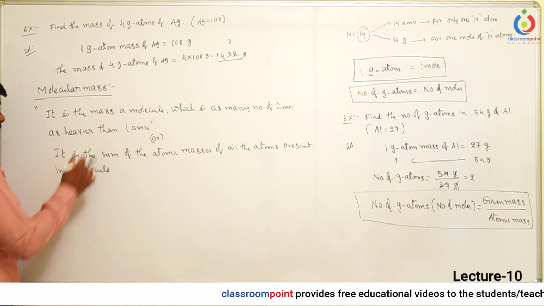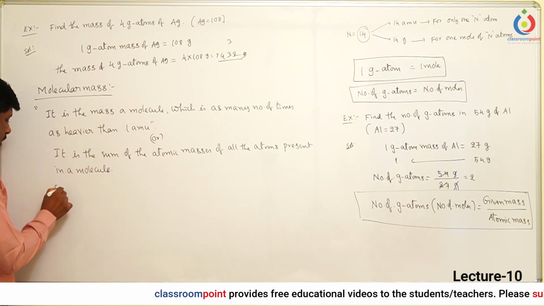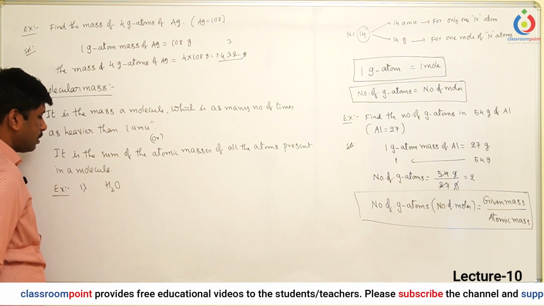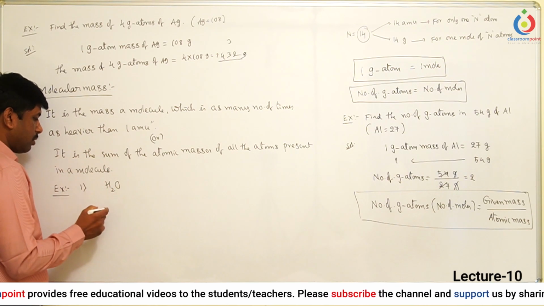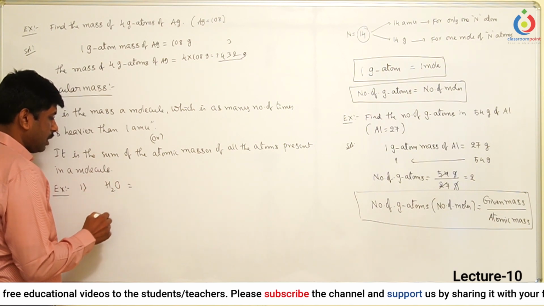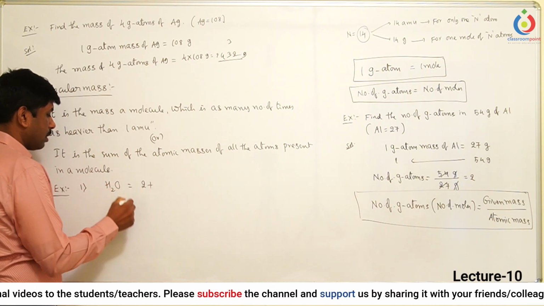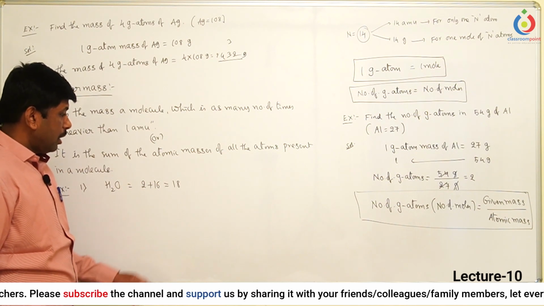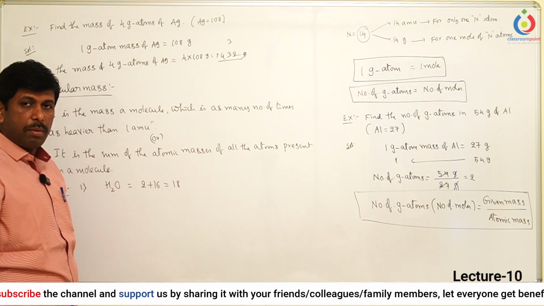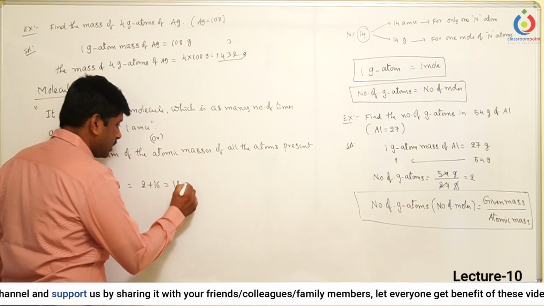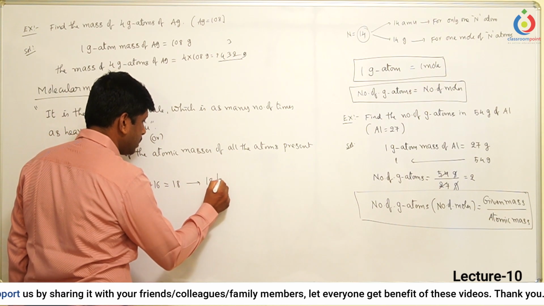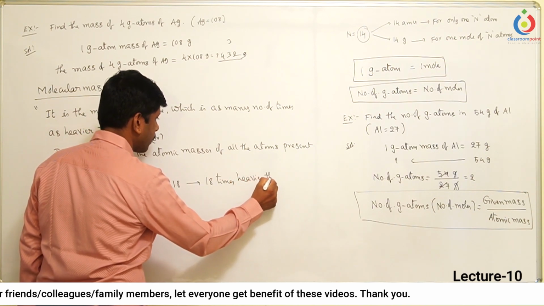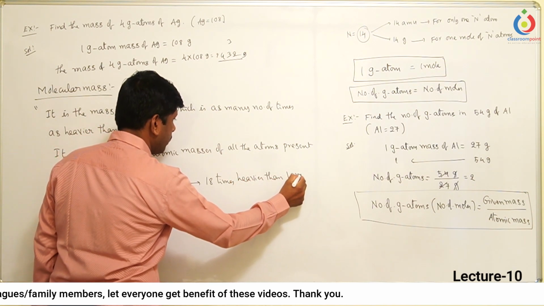So first of all, let us take the first definition with an example. We know the water molecular mass; from this one we can also calculate it. 2 hydrogens are there, so 2 plus 1 oxygen, 16, that equals 18. If 18 is the molecular mass of water, it means that it is 18 times heavier than 1 atomic mass unit.